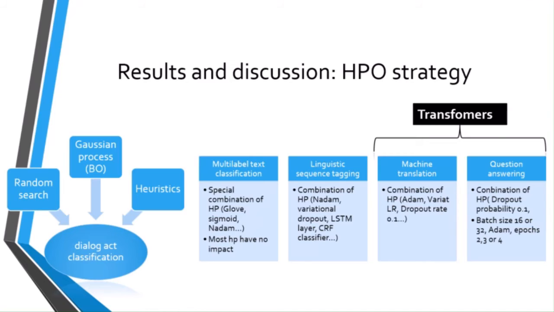With the tasks of question answering and natural language understanding, the authors in the paper Devlin 2019 recommended setting the dropout probability to 0.1, a batch size to 16 or 32, and epochs to 2, 3, or 4, and a specific value for the learning rate.